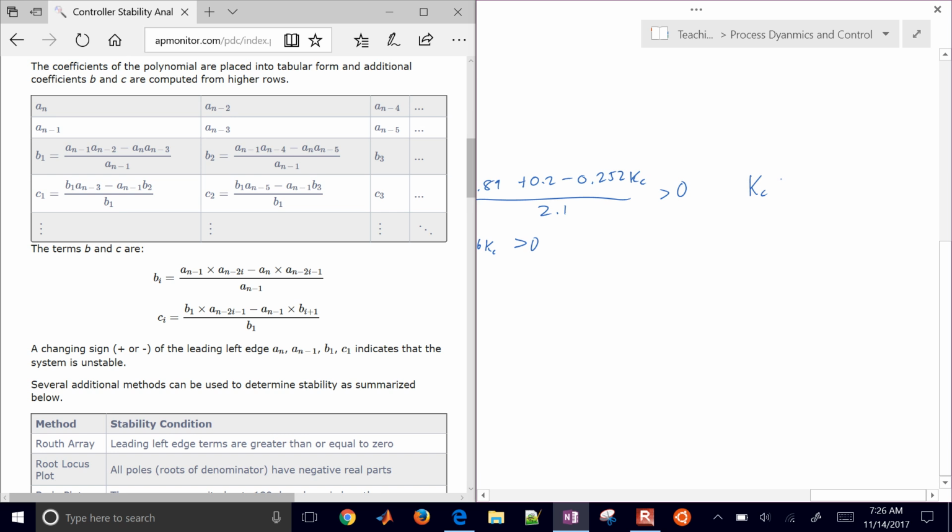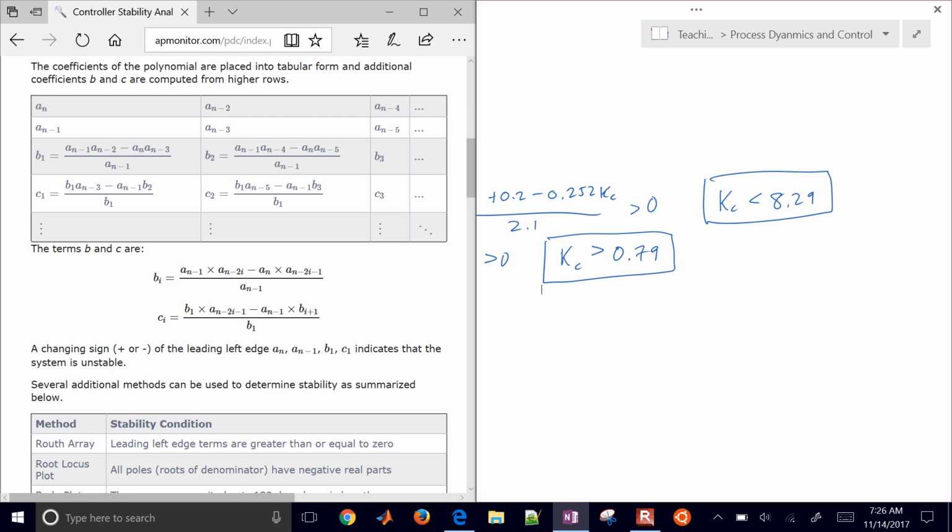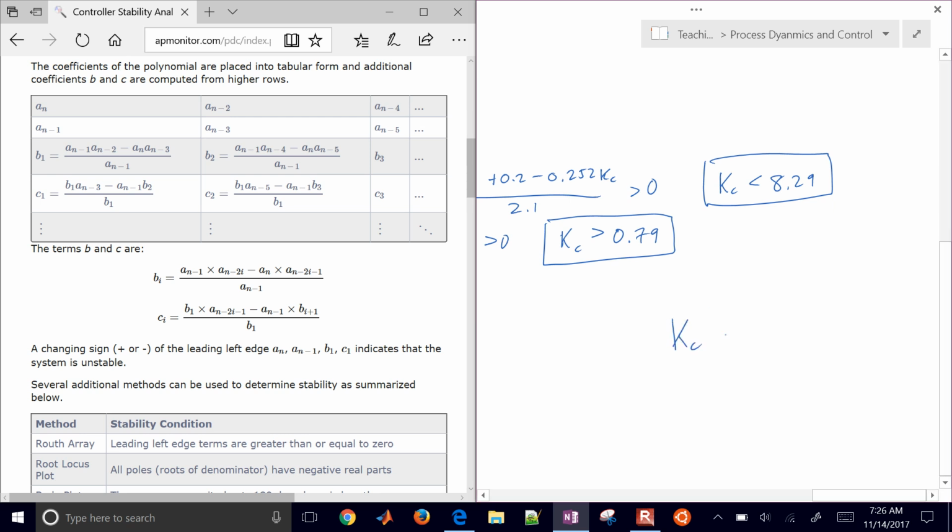So kc has got to be less than 8.29. That's an upper limit on our controller gain. And then if I do the same here, I'll get kc has got to be greater than 0.79. Okay, there's a lower limit. So we've calculated the upper and lower limits. It's got to be less than 8.29 and greater than 0.79.